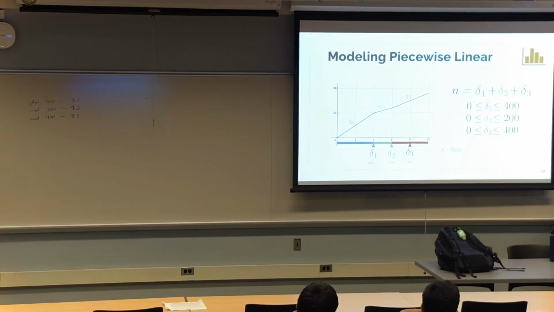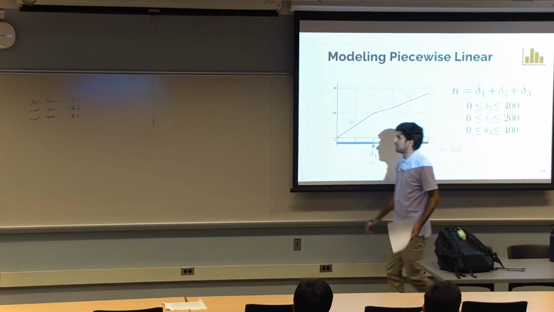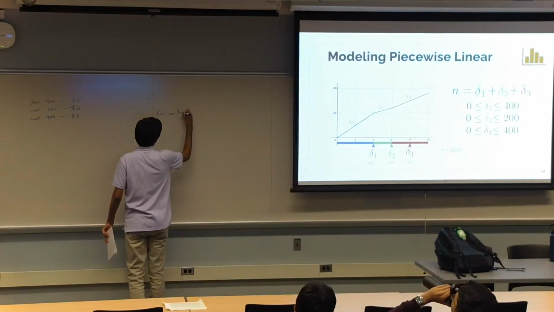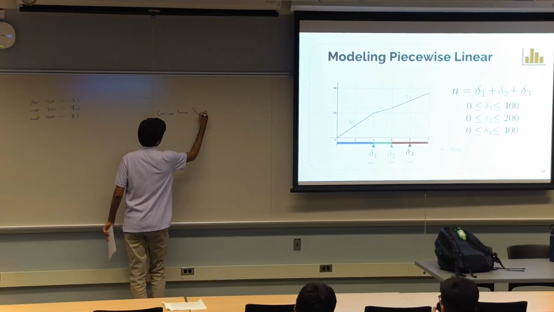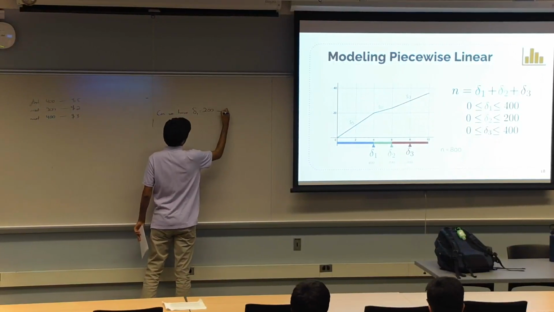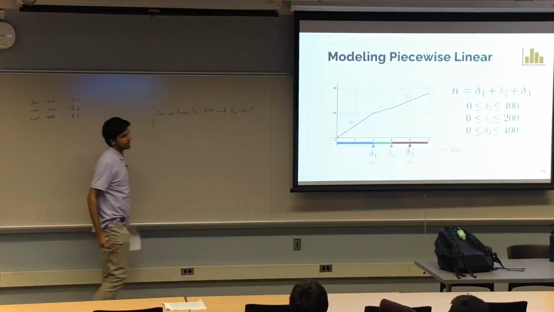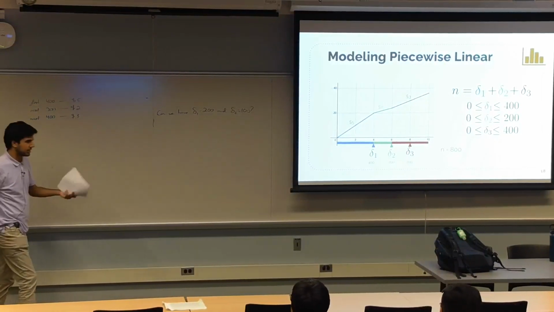So maybe a question is, can we have delta 1 equal to 200 and delta 2 equal to 100? Is this ever something that could occur? And the answer should be no.